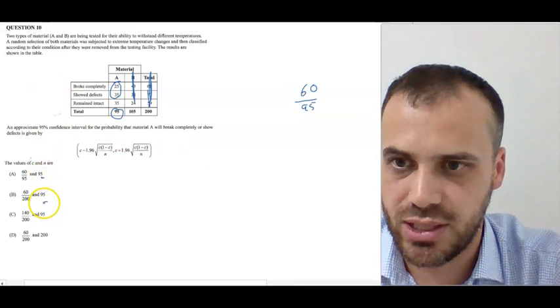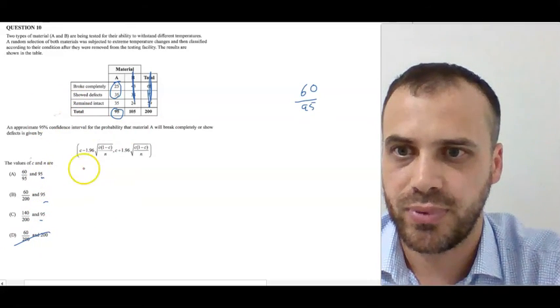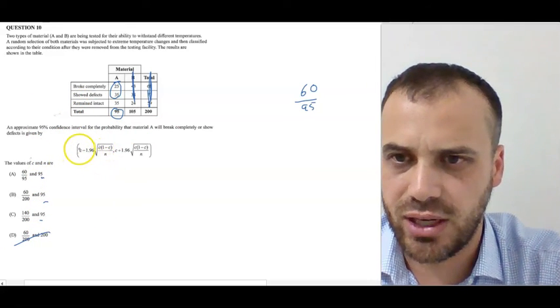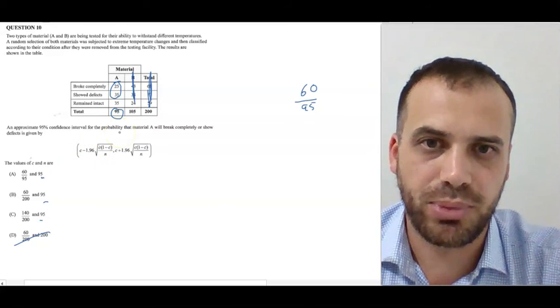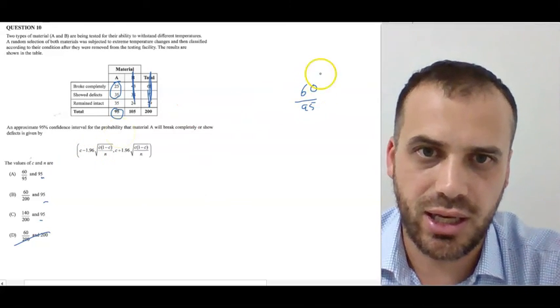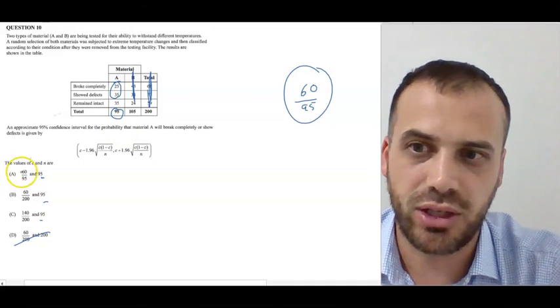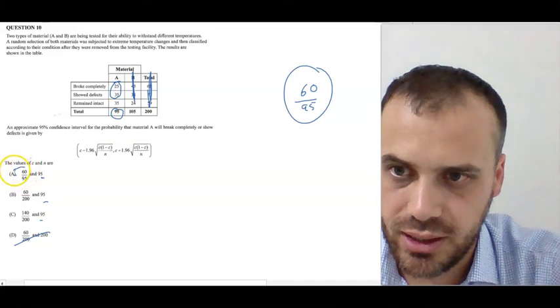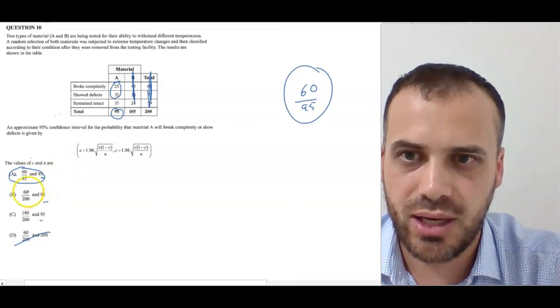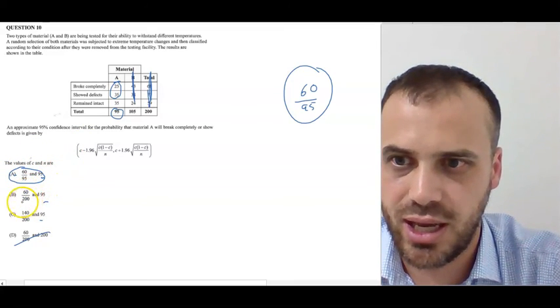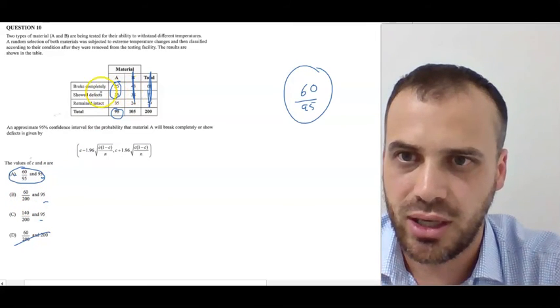It's going to be one of these three. We can get rid of that one. All right, our C value. Well, our C value is the probability that it breaks, and I've already done that over here. It's 60 out of 95. So here is our answer. And you can see where the other answers come from. 60 out of 200.